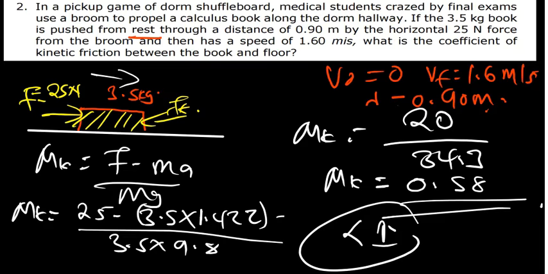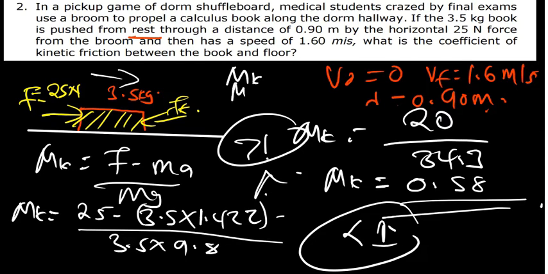So when you're calculating coefficient of friction and you discover that the answer is greater than 1, just know that the answer is wrong. The mu k or the mu s is always less than 1. Okay, so in this case the answer is 0.58.